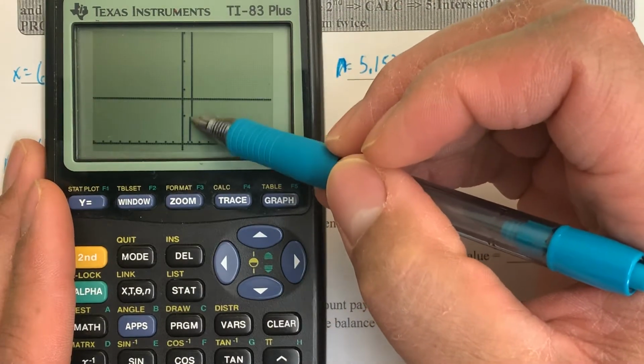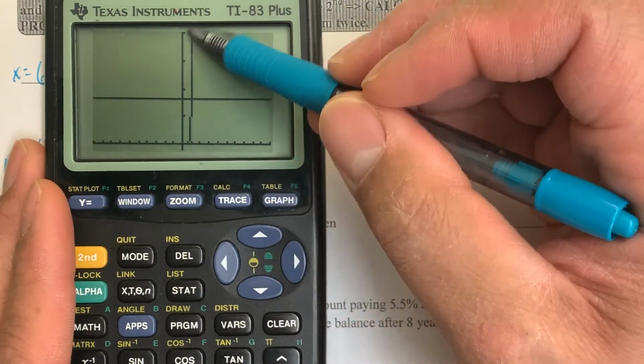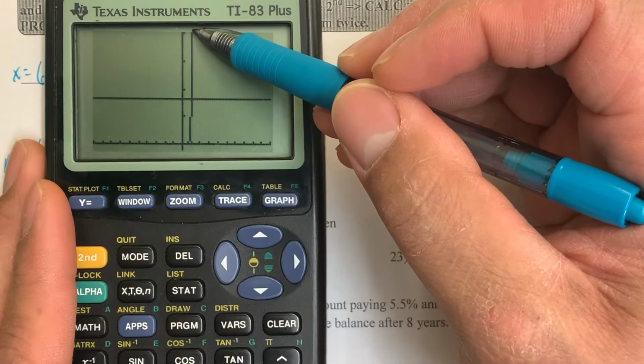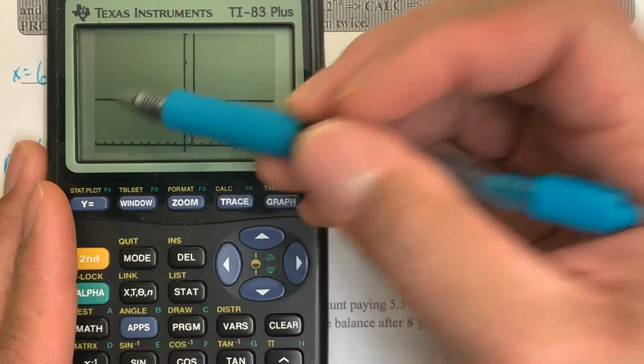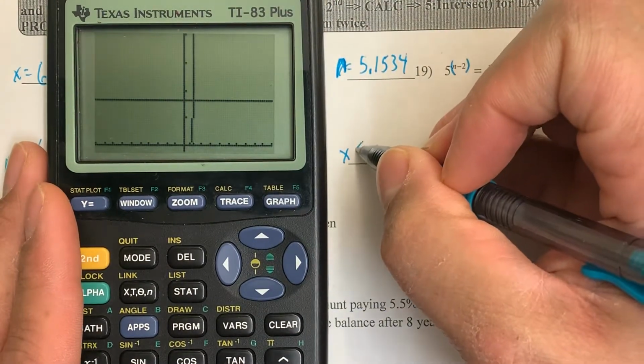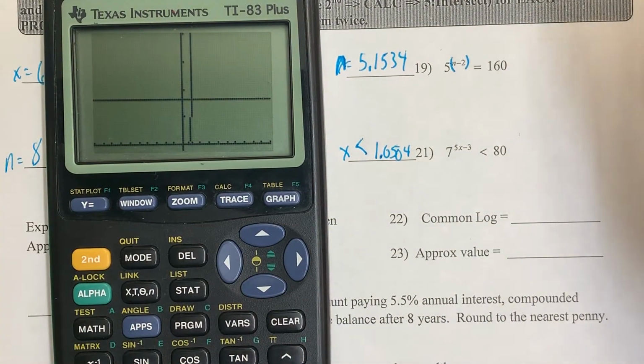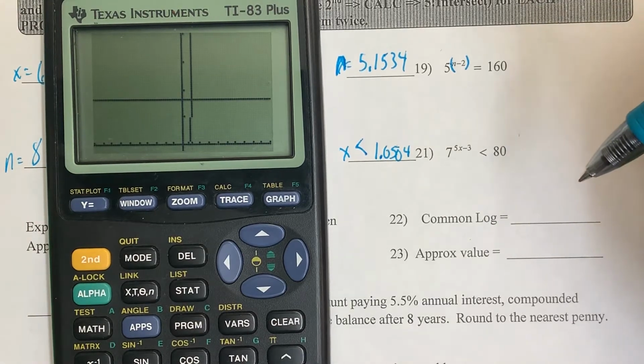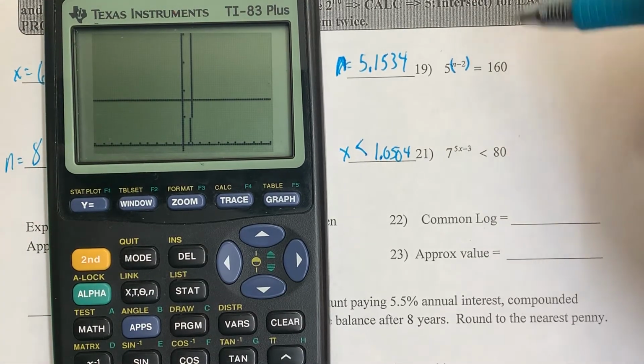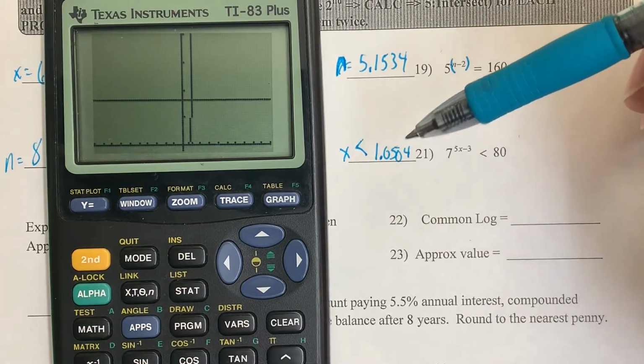But this one, you can kind of look and see, yeah, this one's definitely shooting up from the left. So I need to have all the x values to the left, which is my key that this is going to stay as x is less than 1.0504, okay? Your natural guess is probably going to be close enough on the right of these, but if we're going to use the calculator, we have to make sure we're using it correctly. If we're using the graph, we have to make sure we know what we're talking about, okay?